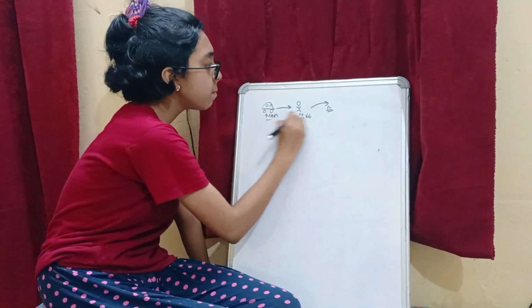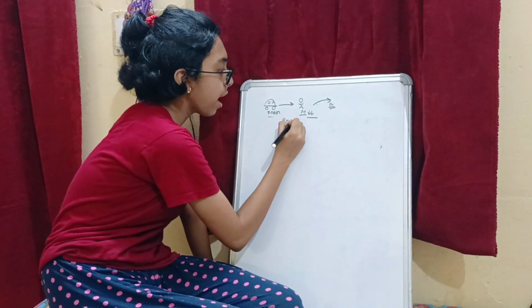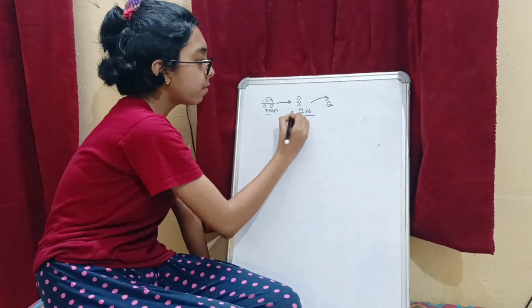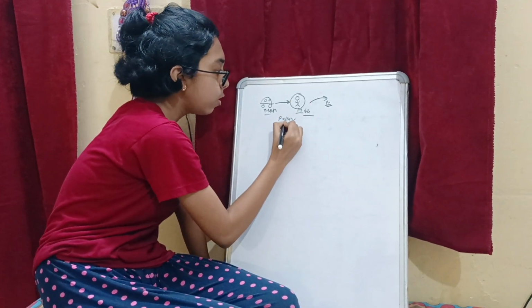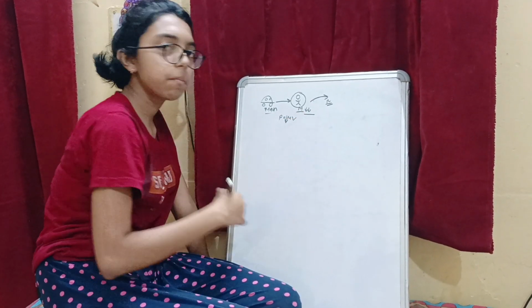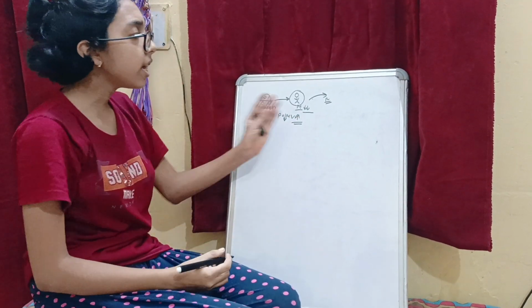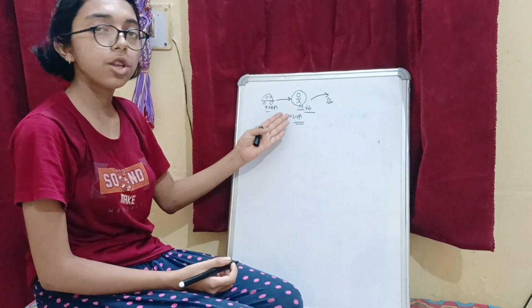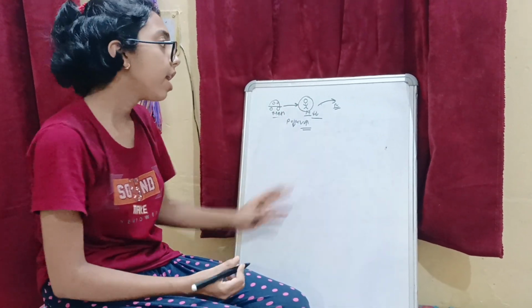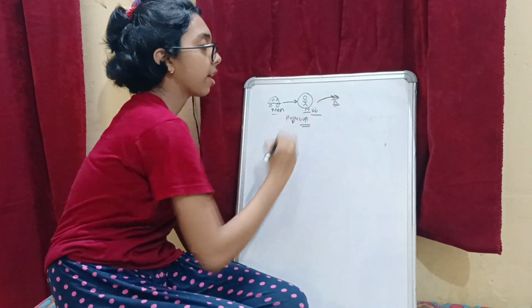So to conserve the momentum, that is P is equal to m into v, when the mass of the object is very low, it has to increase its velocity. So the man's velocity increases very high and hence the man goes flying.